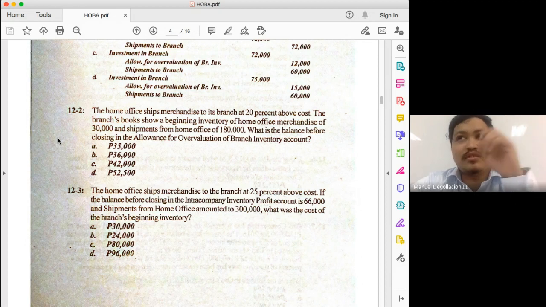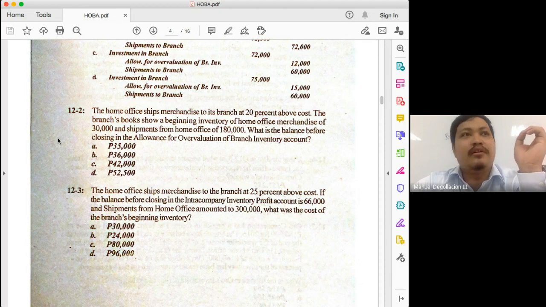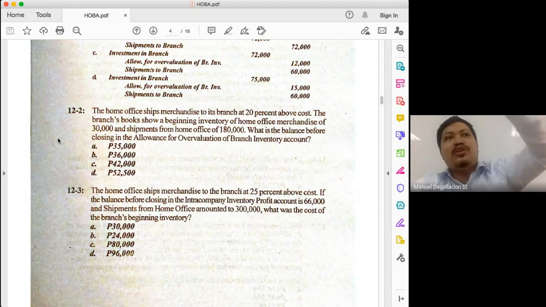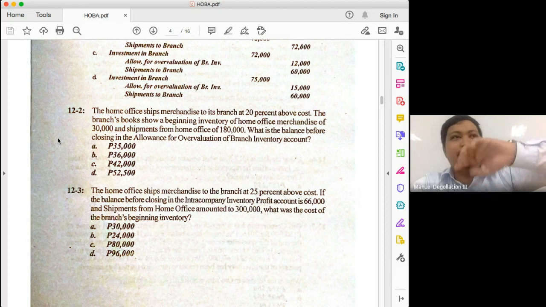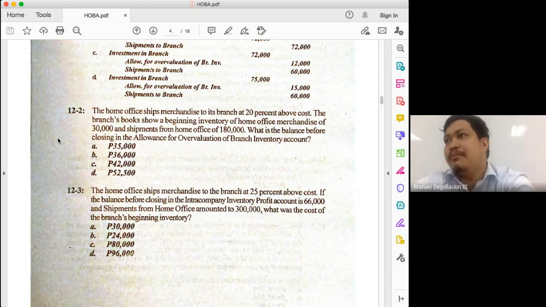Why will we use the markup rate from the previous year for our beginning inventory, class? Because for goods forming part of our beginning inventory, when was this shipped? This was shipped the previous year. So the relevant markup here is the markup rate from the previous year. Okay? So you cannot just compute for your tigas by adding your beginning and ending and using the same solution if the markup rate for the previous year is different from the markup rate for the current year.